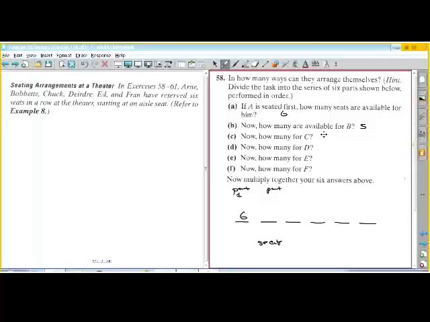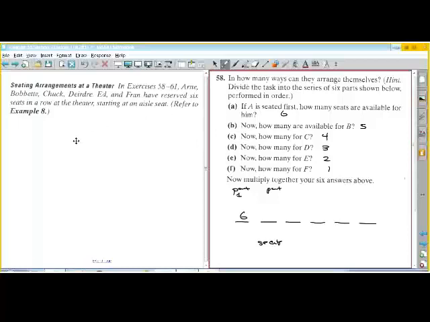Same with Chuck. Once I've seated Arn and Bobette, there are only 4 seats that are left for Chuck. And every time you pick somebody and put them in a seat, you've got 1 less choice. And so it says now multiply your 6 answers above to get the answer.